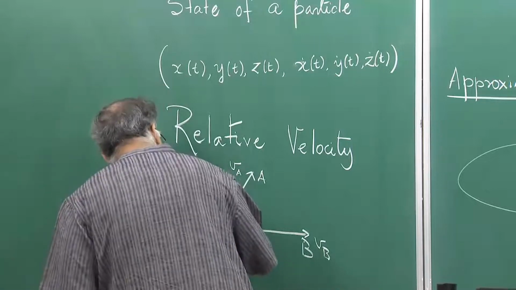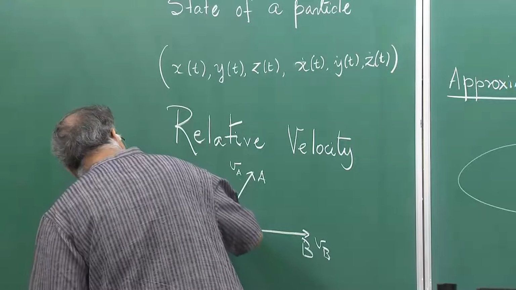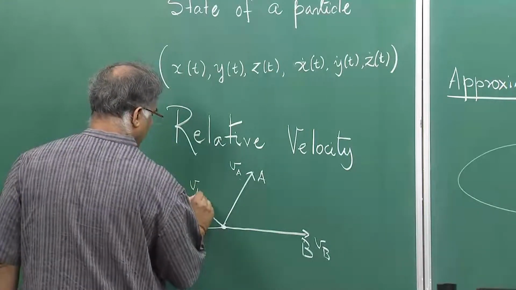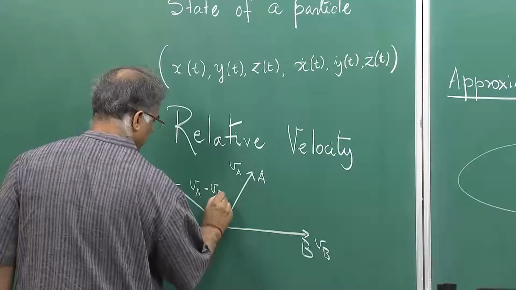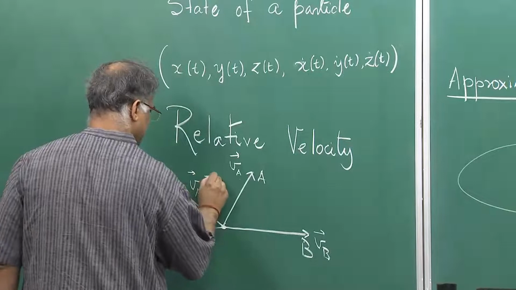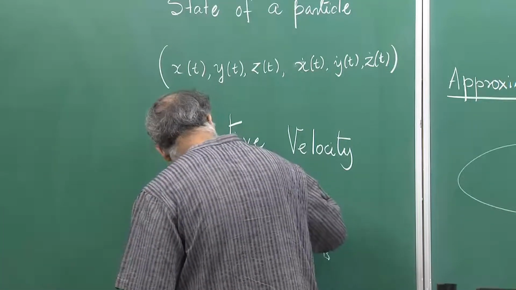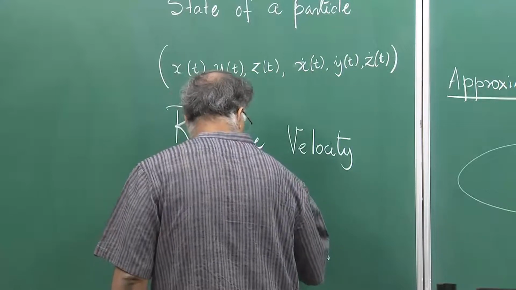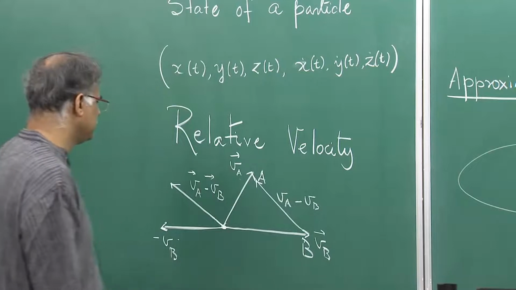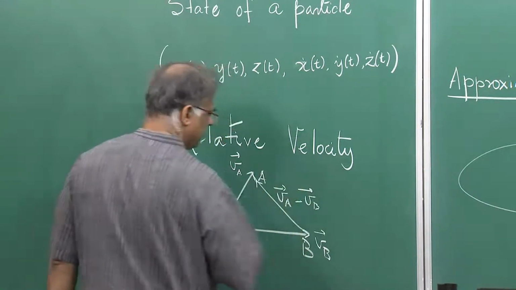Now, my ship A would actually look to move in this direction, which is Va minus Vb. These are all vectors, of course. And you see, this is exactly the vector Va minus Vb. That is exactly the meaning of relative velocity.